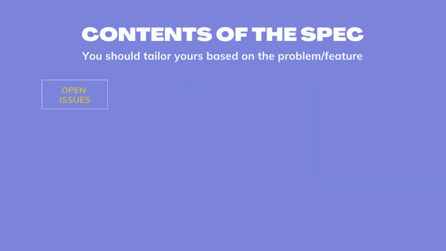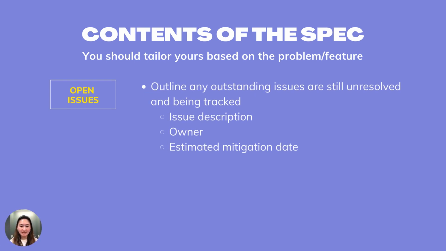And lastly, you want a section that calls out any open issues you have. These could be any outstanding issues that are still unresolved at the time of the spec review, and how they are being tracked.